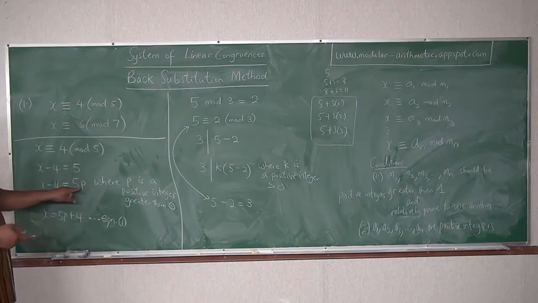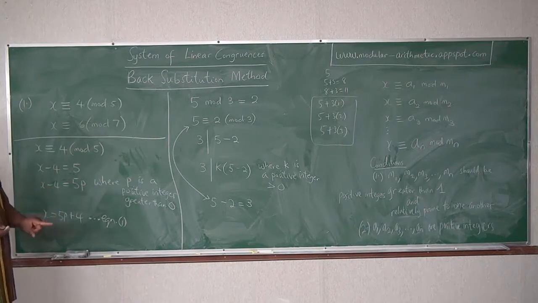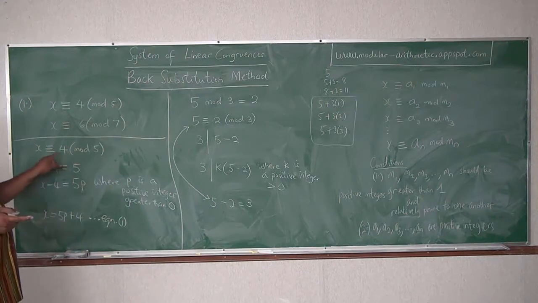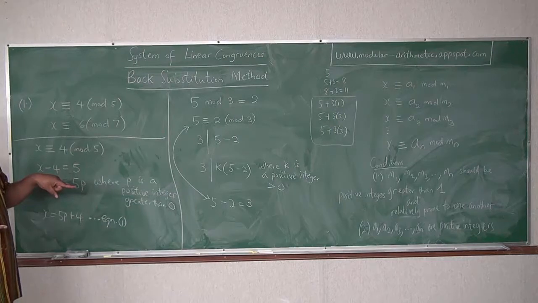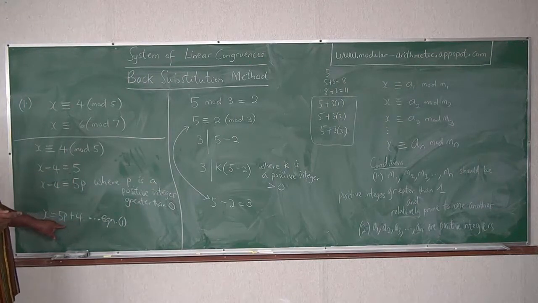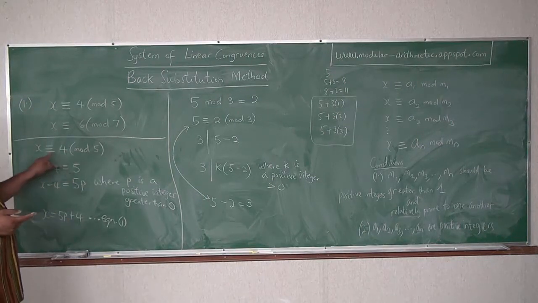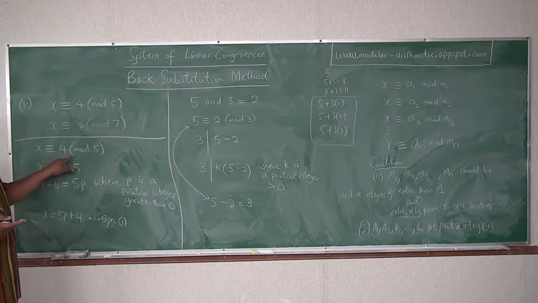When we have p to be 3, 5 times 3, 15, 15 plus 4, 19. 19 is congruent to 4 in mod 5. When we have p to be 4, 5 times 4, 20, 20 plus 4, 24. 24 is congruent to 4 in mod 5.